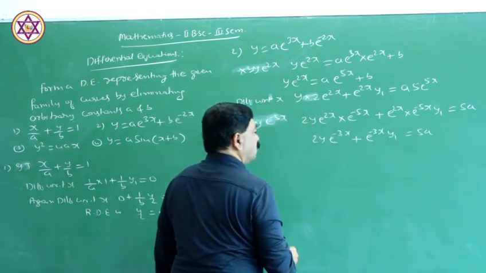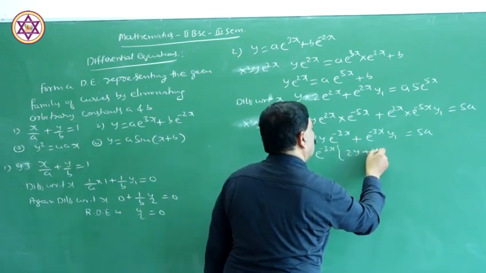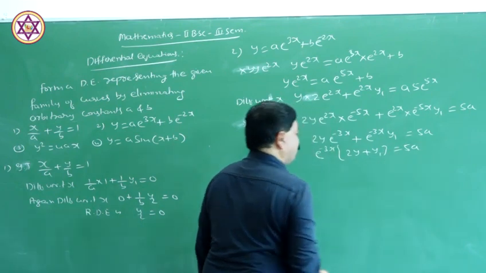If we take e^(-3x) common, we get (2y + y1) e^(-3x) = 5a.